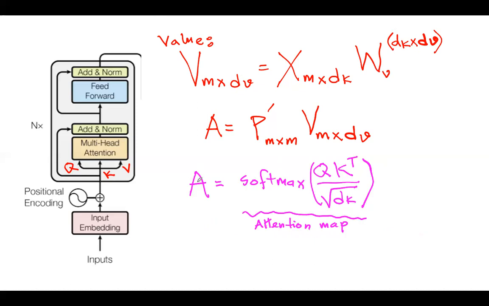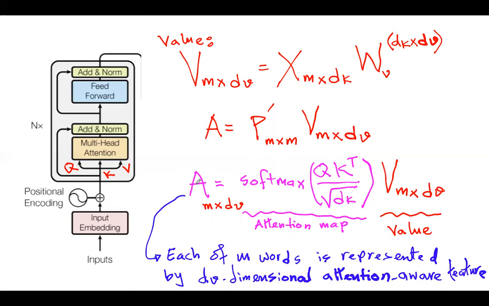So that's the beautiful part of having the attention matrix A. Okay, so each of the M words is represented by a d_v dimensional attention aware feature. So this A is the output of a single head.